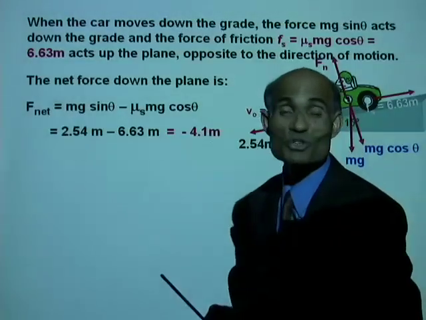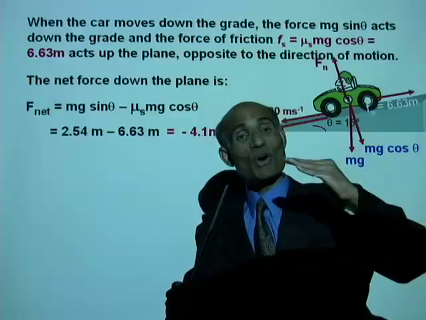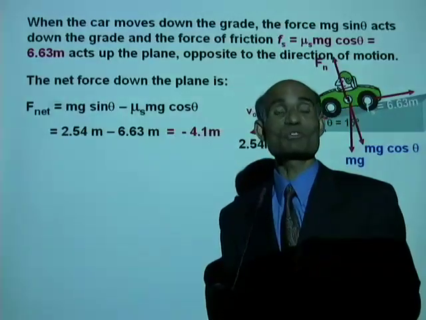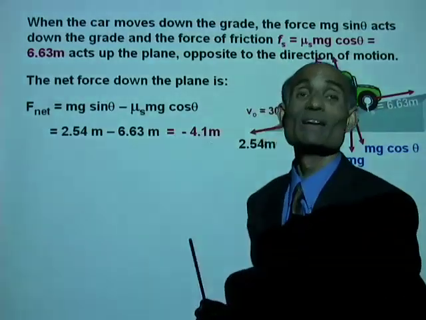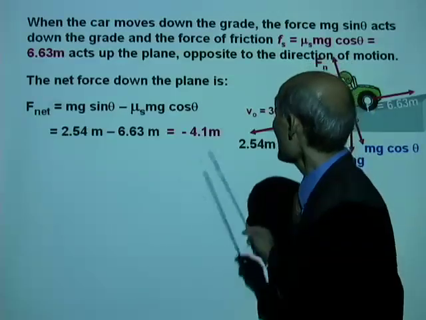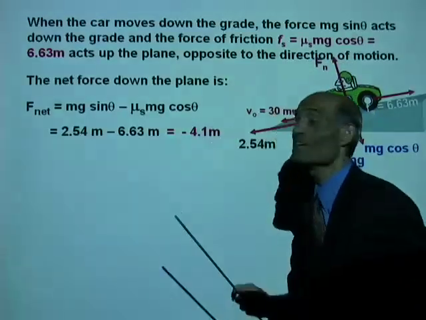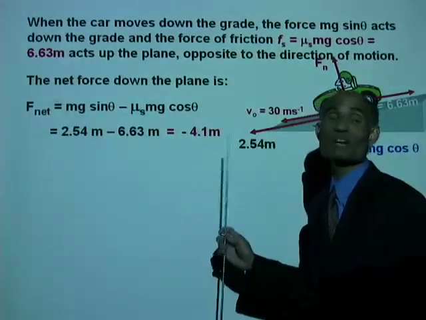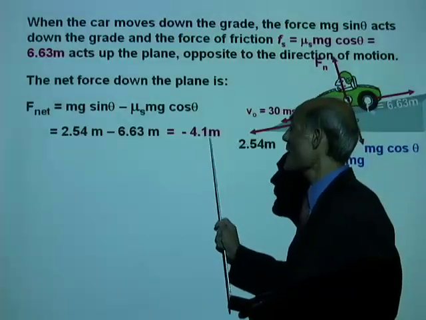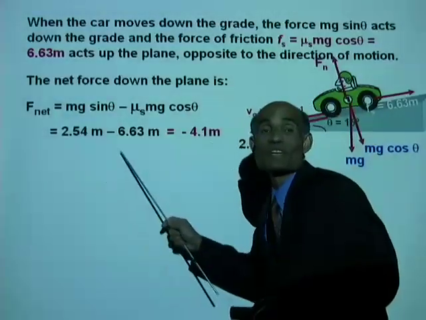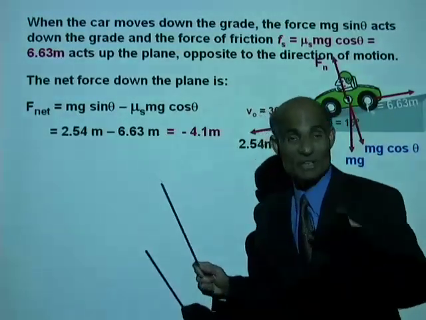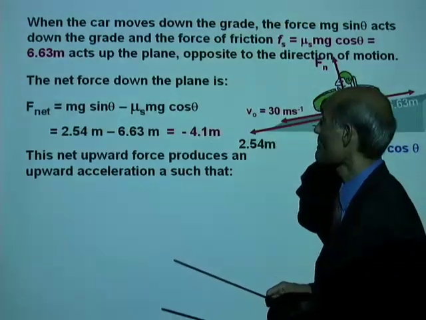The net force on the car is opposite to the direction of motion, and that is the reason why it is going to come to a stop. And this net force is going to produce an acceleration on the car of mass m. F net equal to ma. We can now calculate the acceleration.